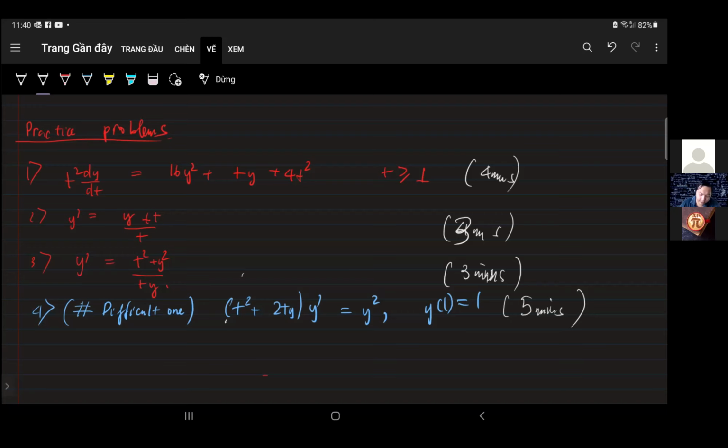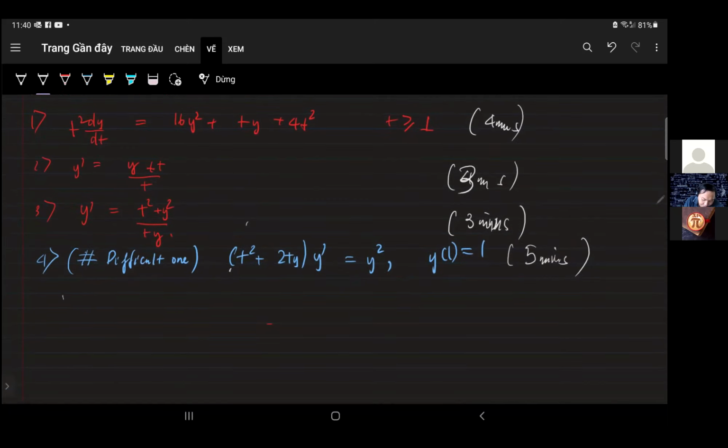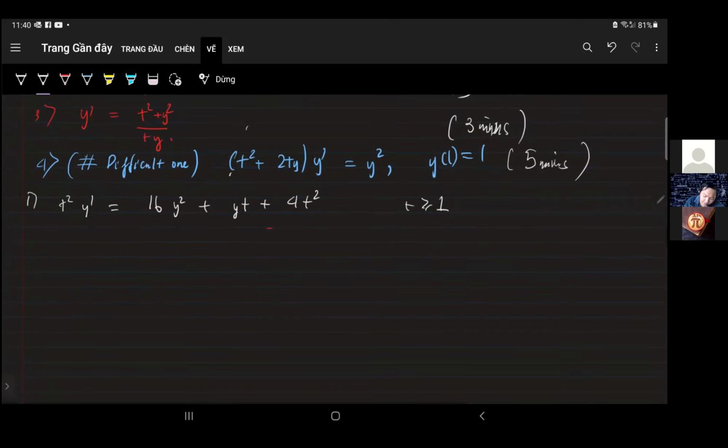Okay, it's time. Let's do it together. First one, we have t squared y prime equal to 16 y squared plus yt plus 4t squared, and t is bigger than or equal to 1. Because t is bigger than or equal to 1, we are okay to divide both sides by t squared.